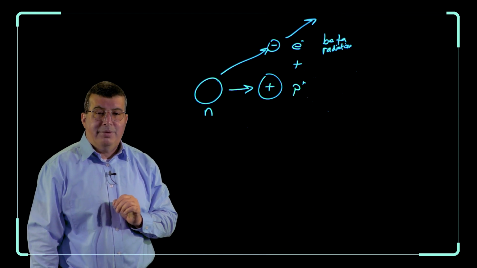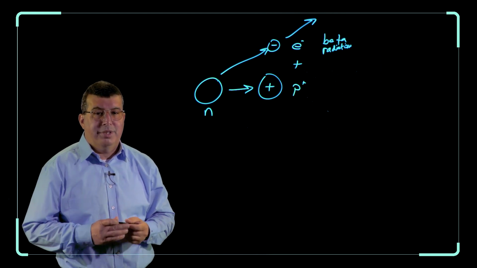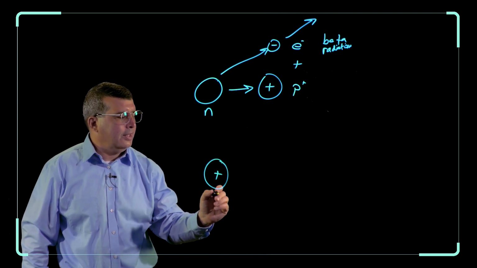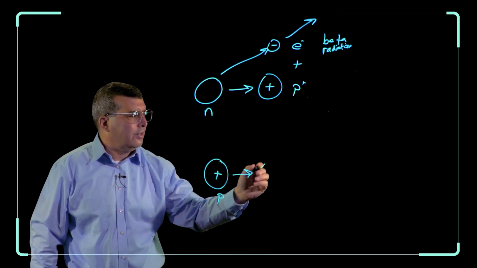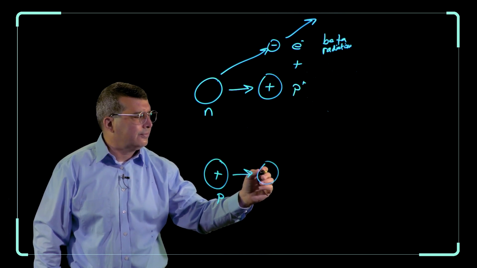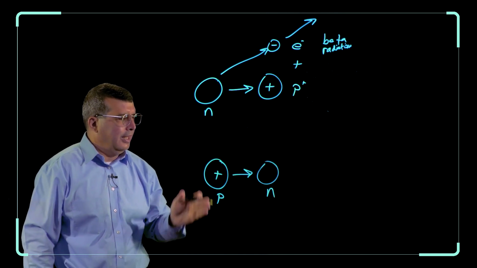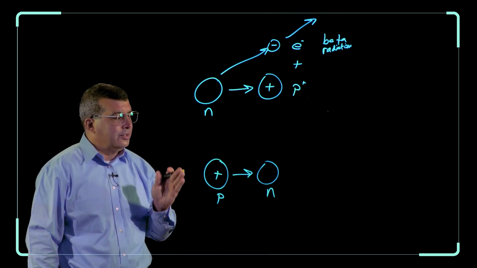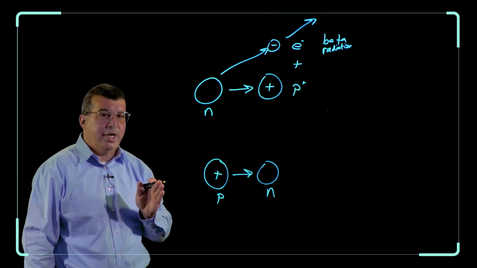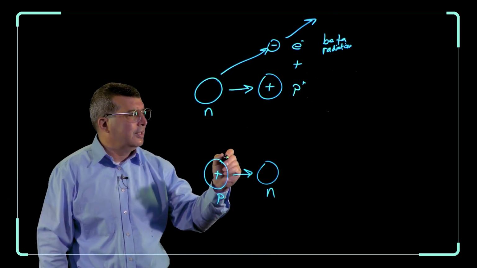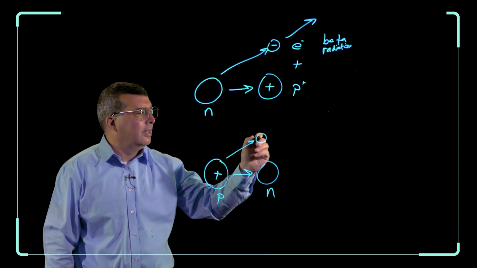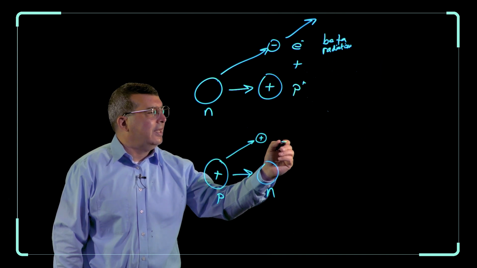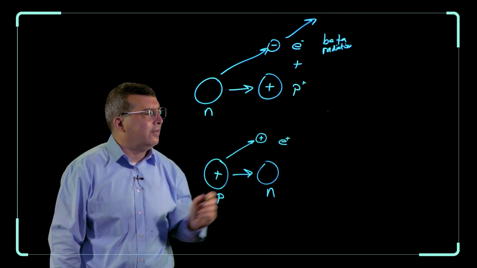Now the same thing can happen for a proton becoming a neutron. So I'll draw that. So we have a proton. That can turn into a neutron. Okay, that conserves our number of nucleons, but it doesn't conserve our charge. So somehow the proton has to shoot out its positive charge, and it does that as an anti-electron, so a positive electron.